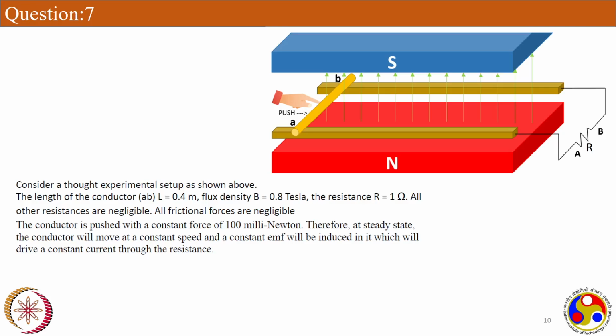It will keep on rolling, since it's a smooth surface, and it will reach some steady state where the conductor will keep on moving at a constant speed. So in this condition, whenever a conductor is placed in a magnetic field and force exists, the EMF will be induced in it, and since we have provided a closed path, current will flow. Now, what exactly is asked in this question?